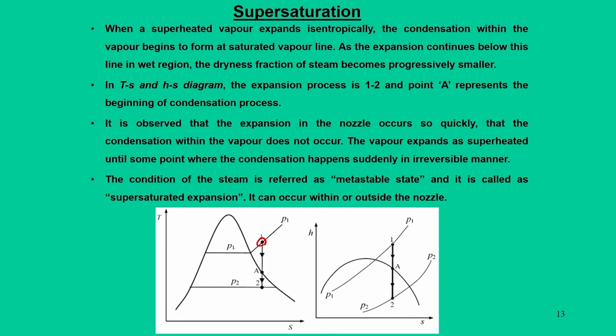So, here also in a Mollier diagram we draw the process in this manner. But what it says is that when it reaches almost point A, that means when it touches the saturation point at A, the steam at that condition is said to be metastable. Why? Because although it is a superheated state, as it expands further down the line, at point A the condensation is supposed to occur.